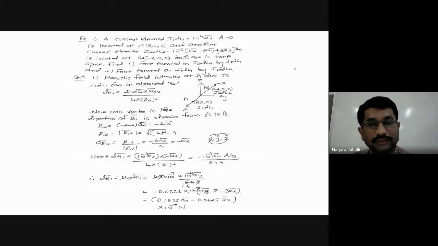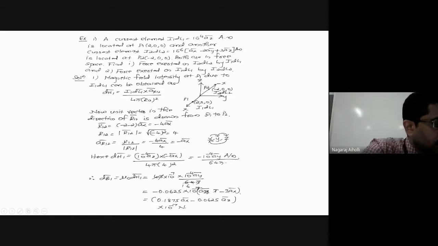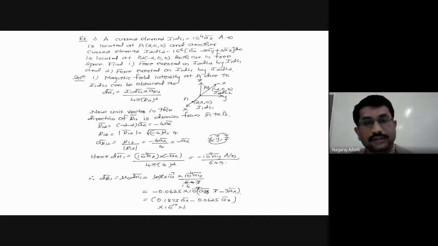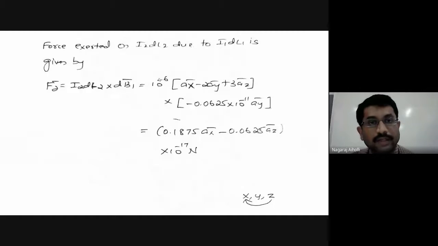Take this example, students, we'll solve it quickly. Note down this example. A current element I1 DL1 is equal to 10 raised to minus 4 AZ bar ampere meter, located at P1 of 2, 0, 0, and another current element I2 DL2 that is equal to 10 raised to minus 6 into AX bar minus 2 AY bar plus 3 AZ bar ampere meter, located at P2 of minus 2, 0, 0.